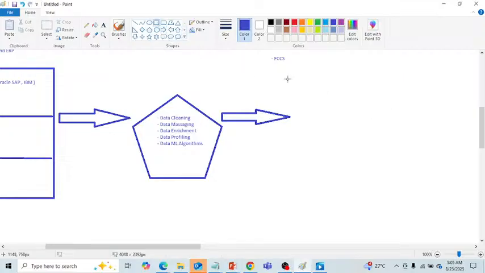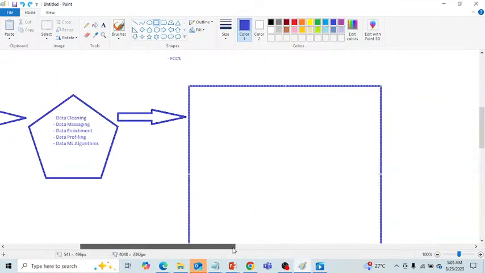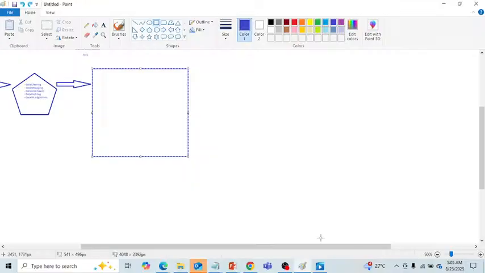So here we can have the different things. It would be wide, so that we can draw it better.